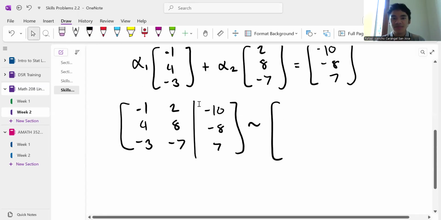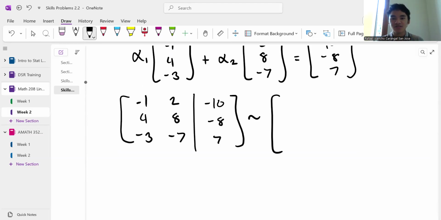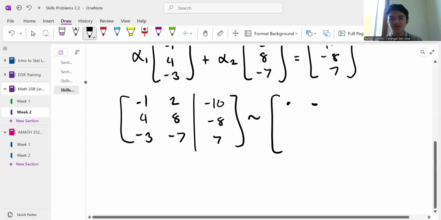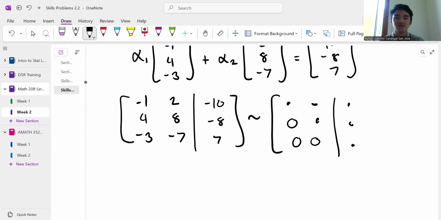And so the idea is that we want this thing to be in row echelon form. And what that means is, let's say we have numbers here. In this case, we want these specific ones. So the dots are numbers. We want these specific positions in the augmented matrix to be 0 so that we can use what we call back substitution. And if we use back substitution, we're going to get solutions for alpha 1 and alpha 2.